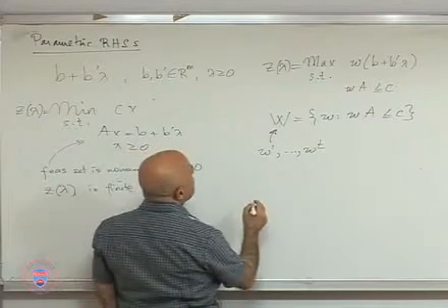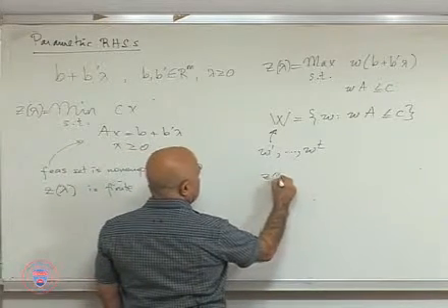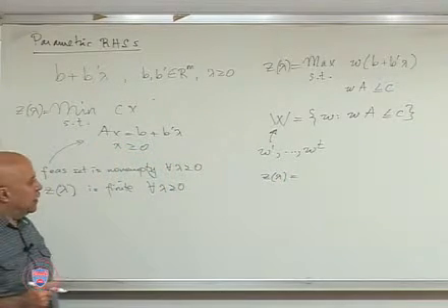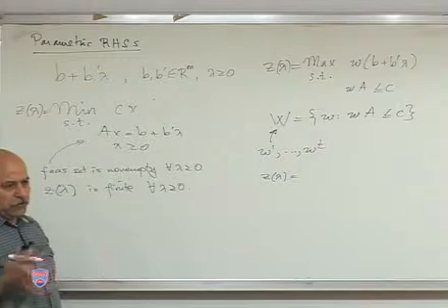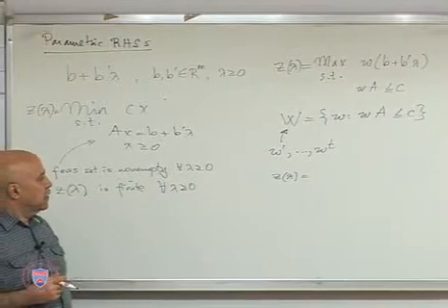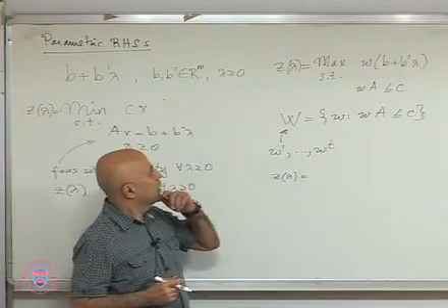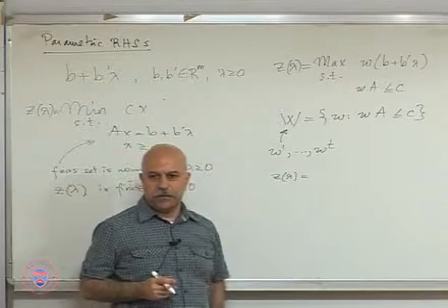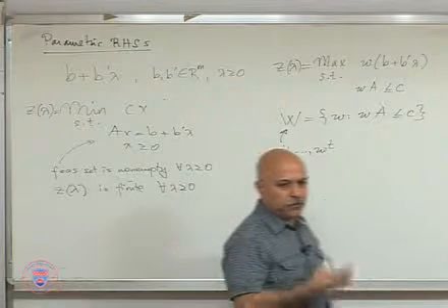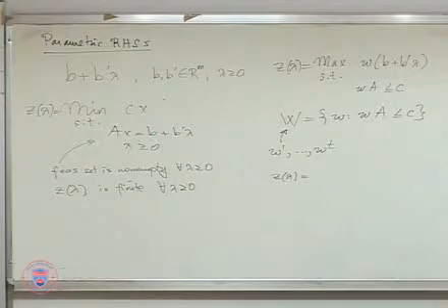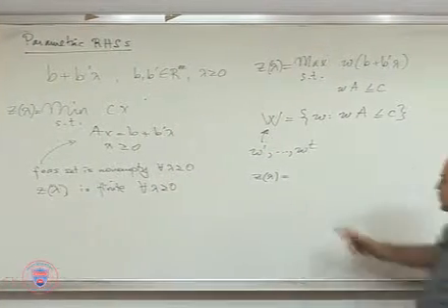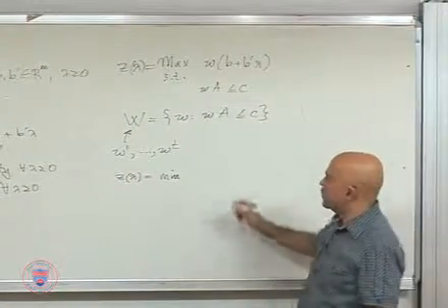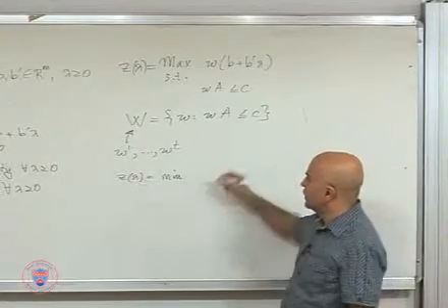And z of lambda, under the assumption that it's well-defined or finite, will get realized at one of the extreme points due to the fundamental theorem of linear program, which says that whenever there's an optimal solution, there's an extreme point optimal solution. So z of lambda is the maximum of the extreme point values here for fixed lambda.